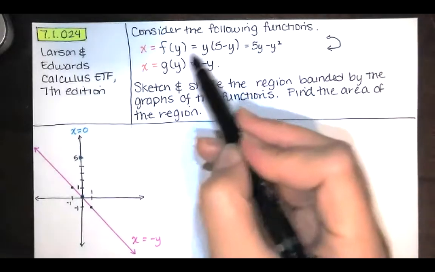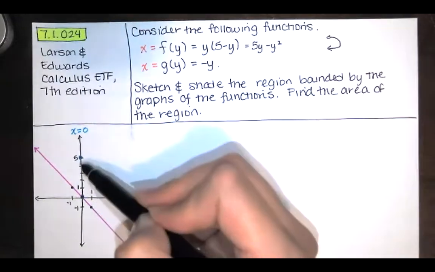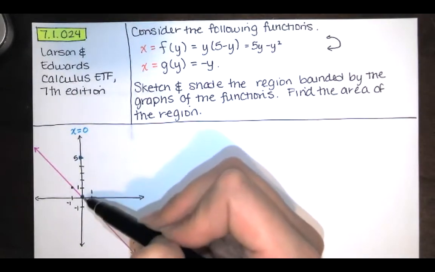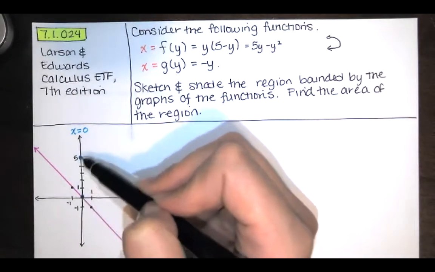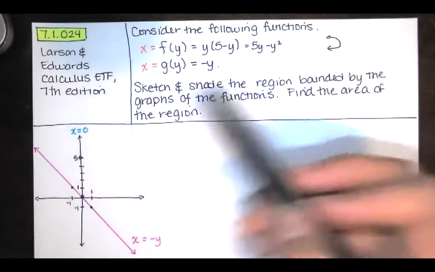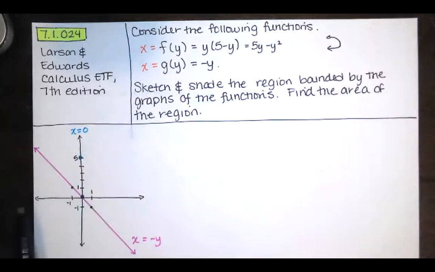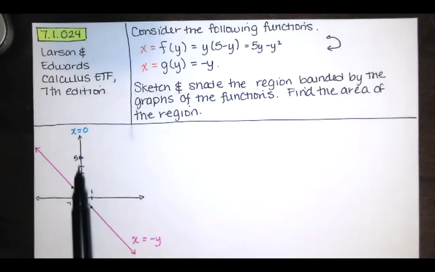And since we know that x is 0 when y equals 0 and y equals 5, due to symmetry, that center line, that axis for the parabola, must occur halfway in between 0 and 5. So the vertex will occur when y is equal to half of that distance.